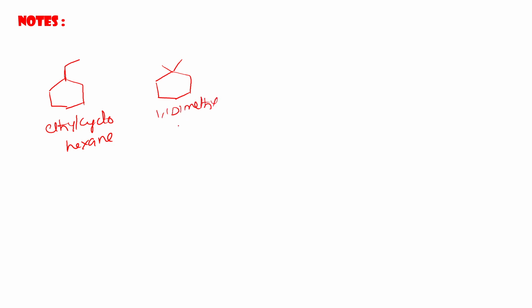Before starting the notes, I would like to mention one more: ethyl benzene. Not ethyl benzene, ethyl cyclohexane. To this ethyl cyclohexane, I would like to write some chain isomers like this: 1,1 dimethyl cyclohexane.